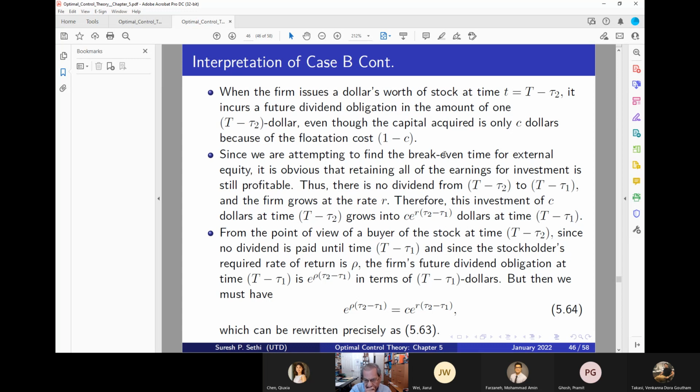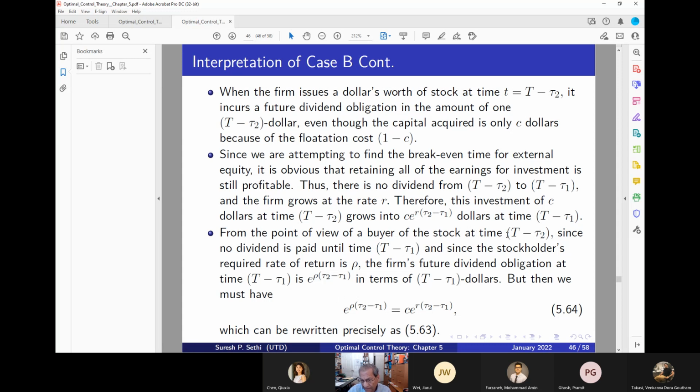Okay? And that has to be equal to that quantity. Any question now? So what am I trying to say here? The buyer expects rho. So the dividend obligation that the buyer wants at t minus tau 1 is this amount.